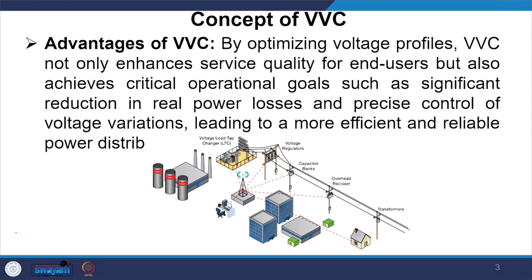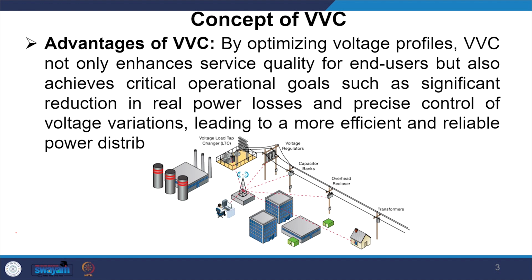Now when you have VVC, what are the advantages we can experience? By optimizing the voltage profile, VVC not only enhances service quality for end users, but also achieves critical operational goals such as significant reduction in real power losses and precise control of voltage variation.